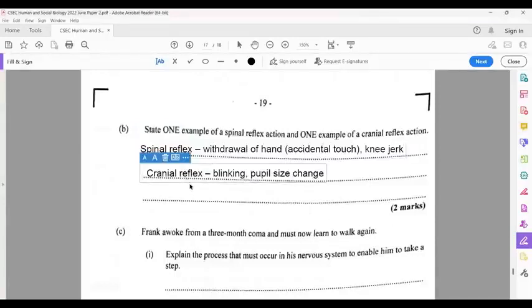The cranial reflex, we chose blinking or pupil size change. Blinking was a very popular one. Pupil size change, your pupil changes size based on light, happens automatically. These are the two reflexes we chose. You could let us know which reflex you would have chosen for your examples.